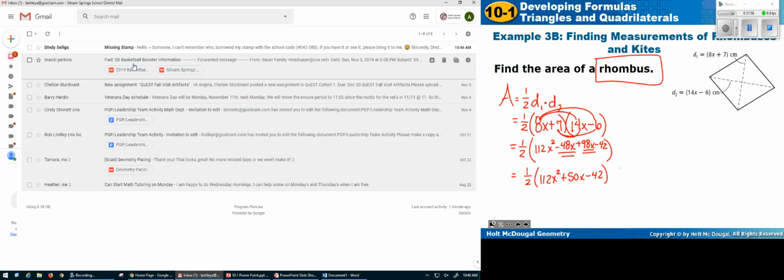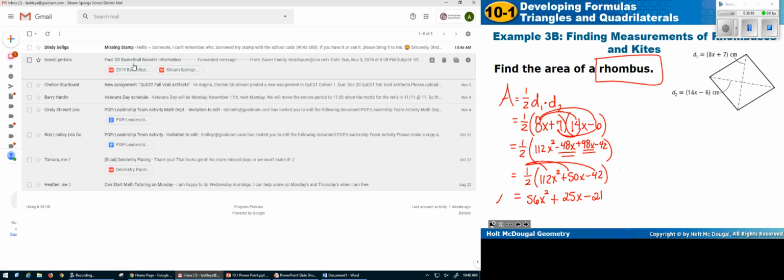Is that okay? And then we distribute the 1/2. And now we're going to distribute it to all 3 terms here. So what is half of 112x squared? 56x squared plus what's half of 50x? 25x, and then half of negative 42? 21.